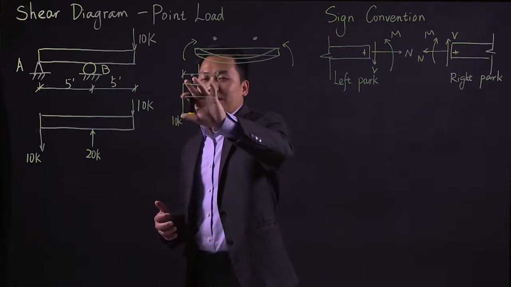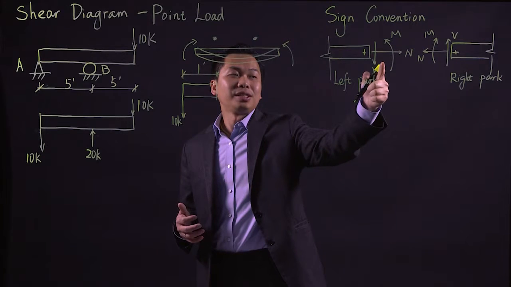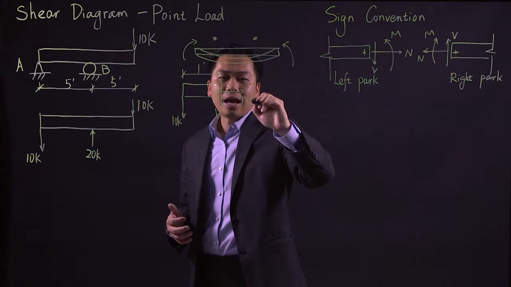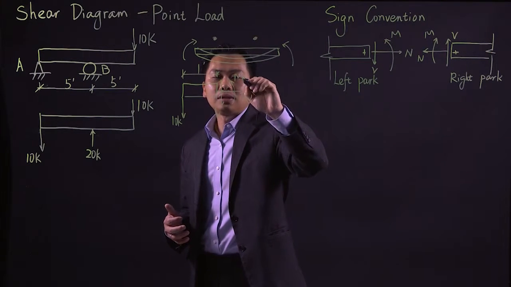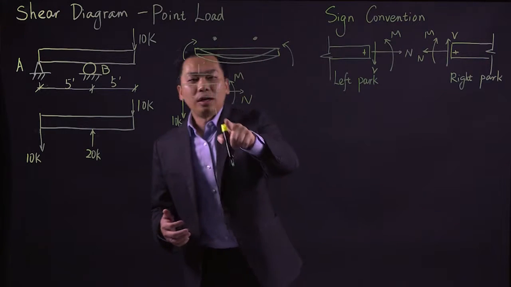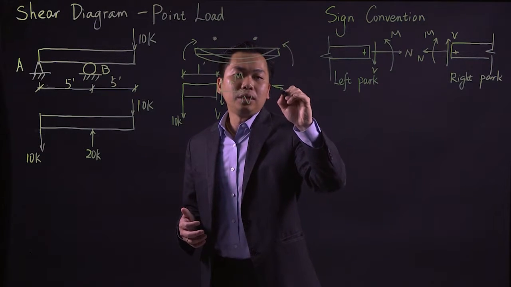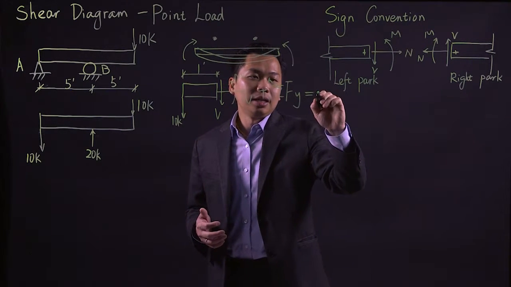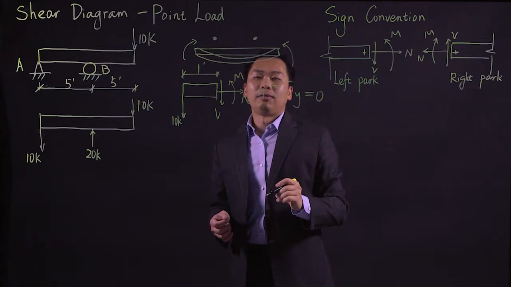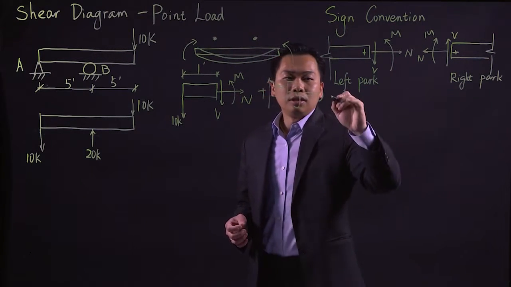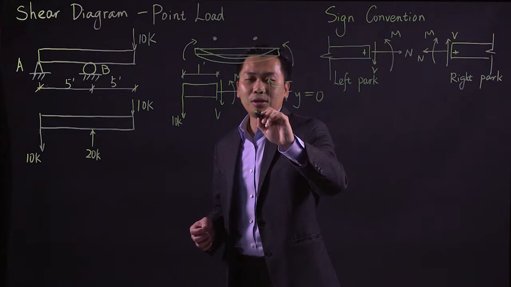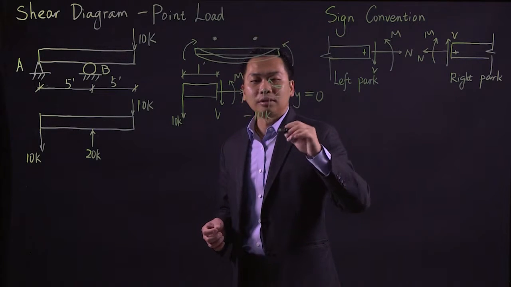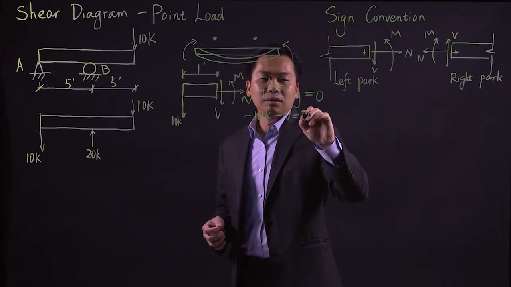Once we cut it, because we're taking the left portion of the beam, here are our positive directions. We're going to have our shear, our axial load, and our moment. In order to find the shear, we can sum the forces in the y direction, going upward as positive. Since the beam is in equilibrium, the sum is going to be zero. So we have negative 10 kips because it's going downward, when we assume going upward is positive, minus V equal to 0.